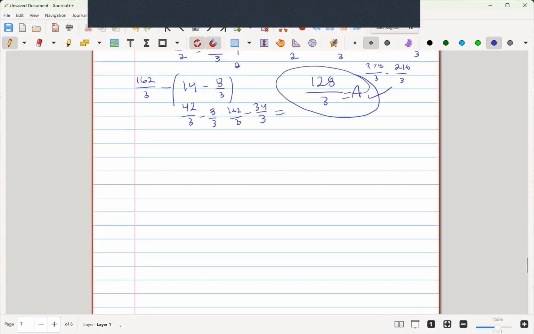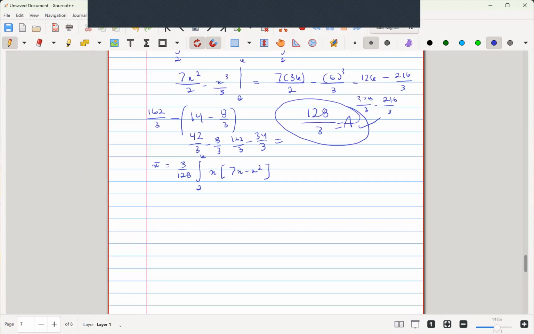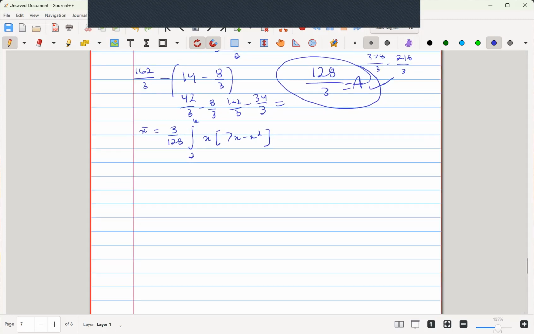So x bar is now equal to 1 over A, which is 3 over 128, and then we have the integral from 2 to 6 of x times 7x minus x squared, because we know f of x minus g of x from our A. So we're just adding an extra x to this dx, and we're evaluating it. So it's 7x squared minus x cubed.